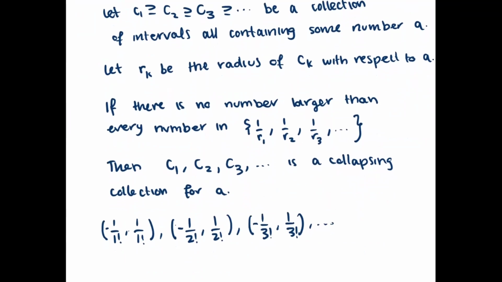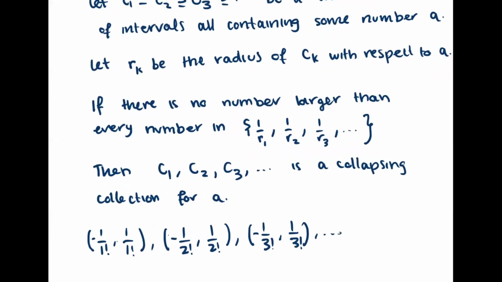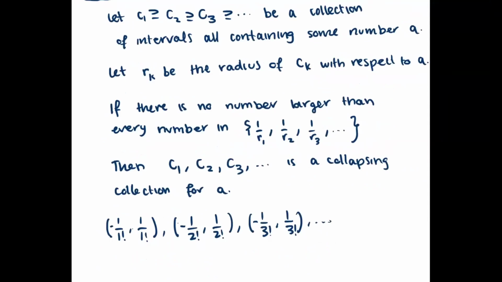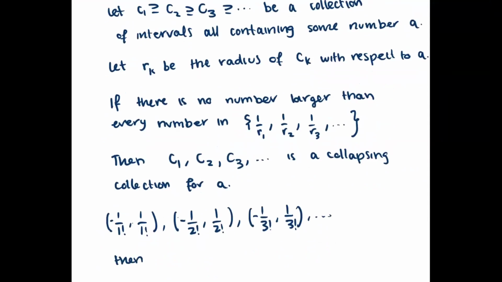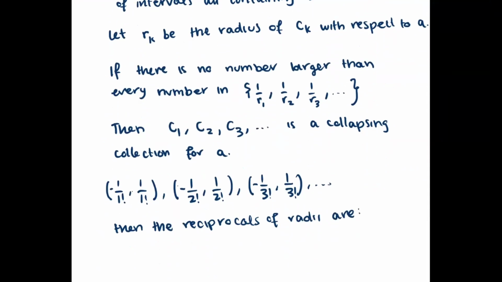And so the reciprocals of radii are 1 factorial, 2 factorial, 3 factorial, 4 factorial, and so on.